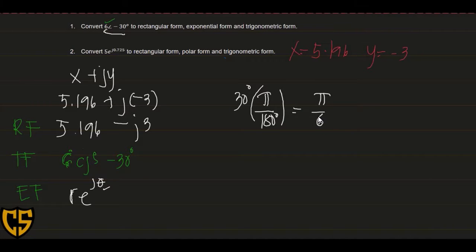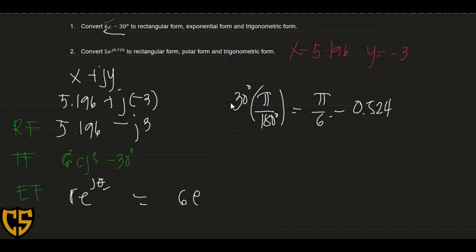So, pila na siya ang values ng imong pi all over 6. So, that is pi divided by 6. So, that is 0.524. So, same na. So, ang atong final nga answer will be, our r is 6 e raised to negative.